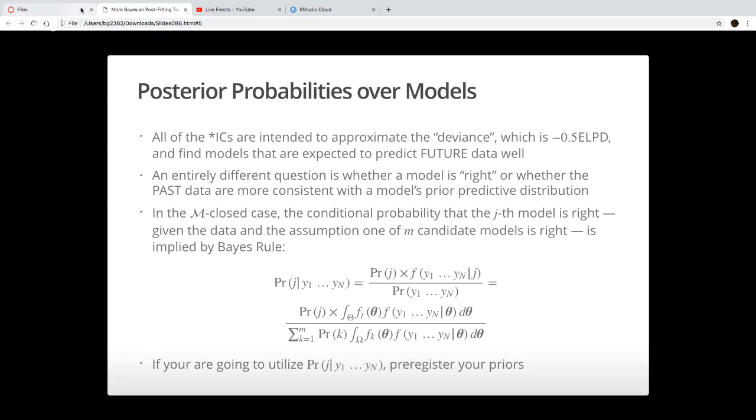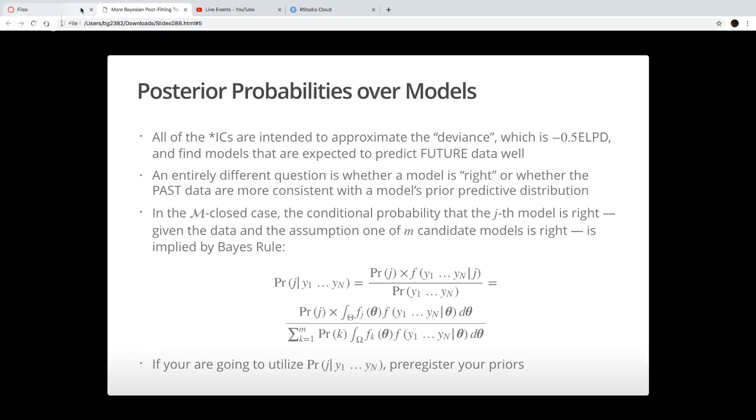There's an entirely different approach, an entirely different question, which is whether some model is right, in the sense that the data that you've already collected and used to get your posterior distribution were more consistent with this model's prior predicted distribution or that model's prior predicted distribution.